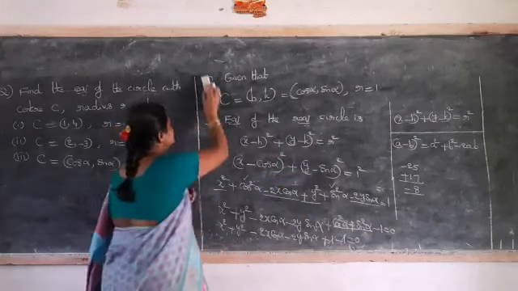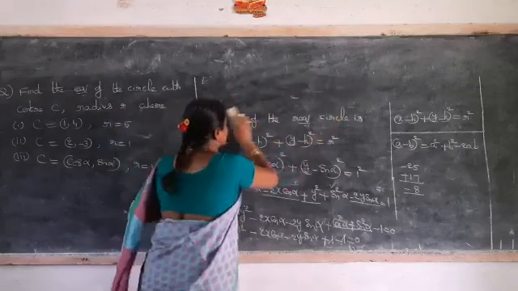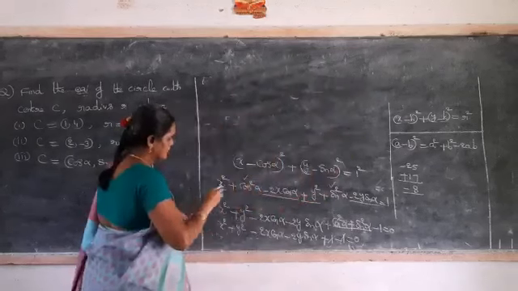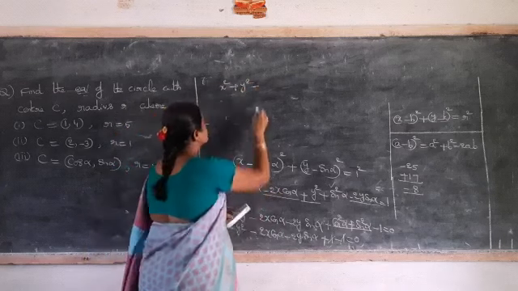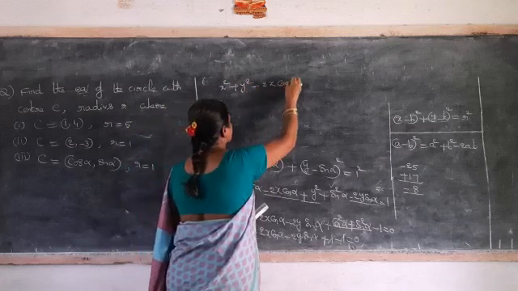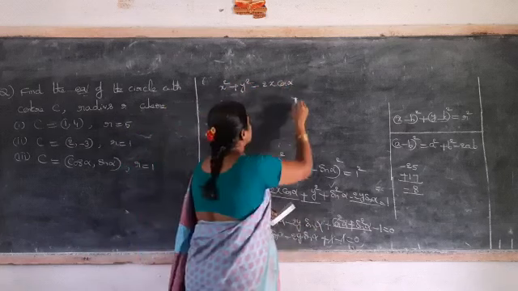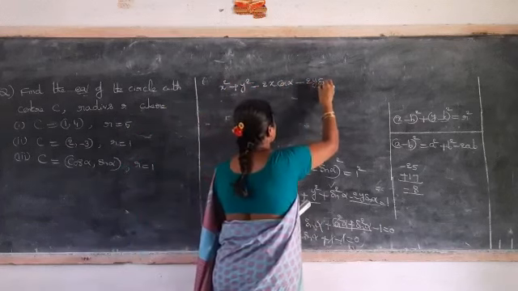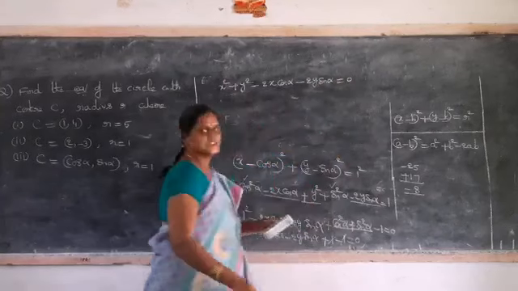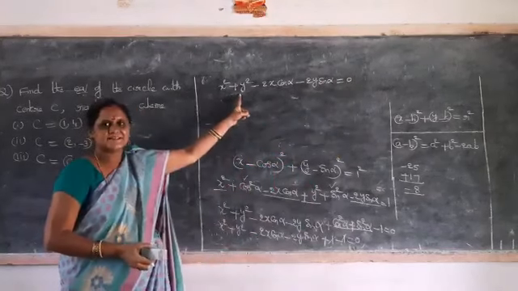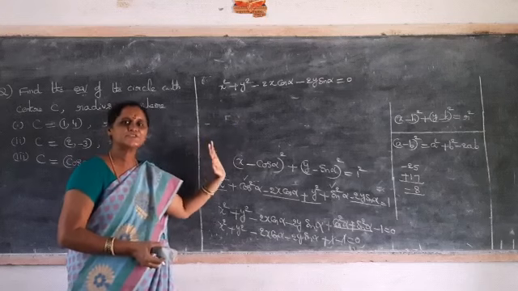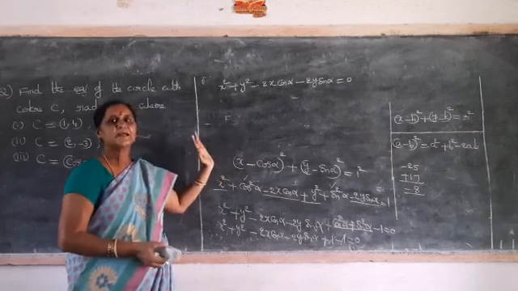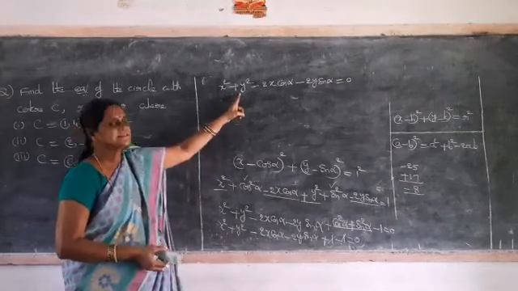Then you get x square plus y square minus 2x cos alpha minus 2y sin alpha is equal to 0. So this is our answer. You just apply the relevant formulae, then you get this answer.